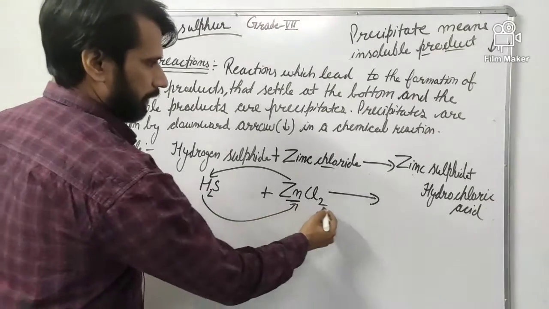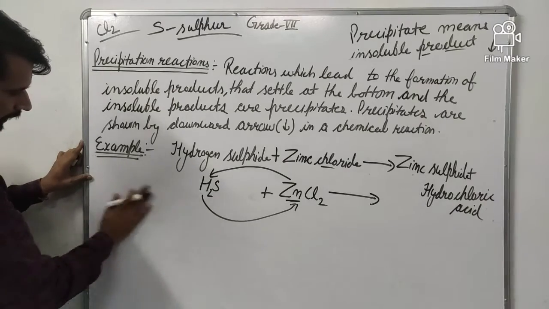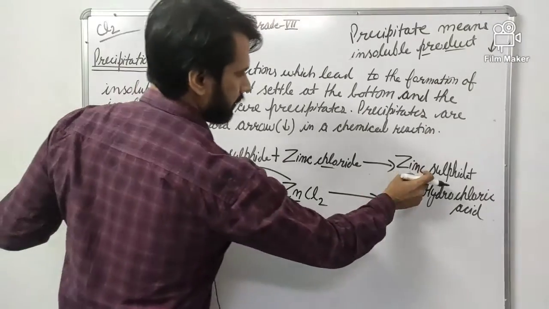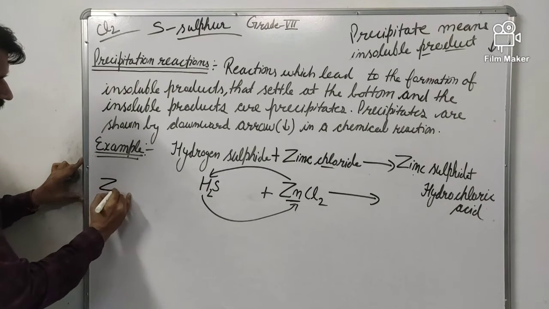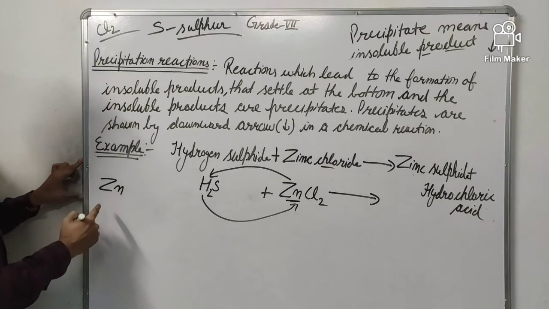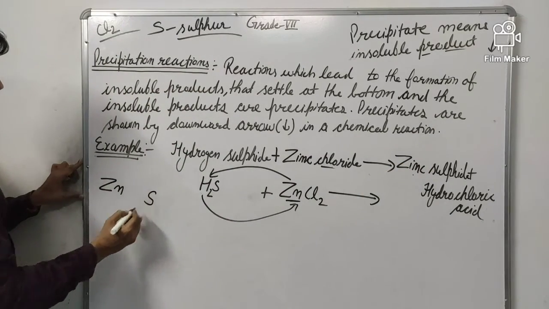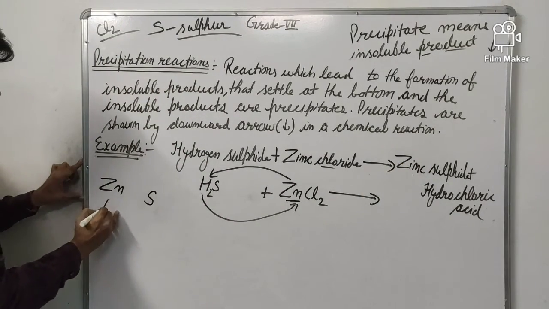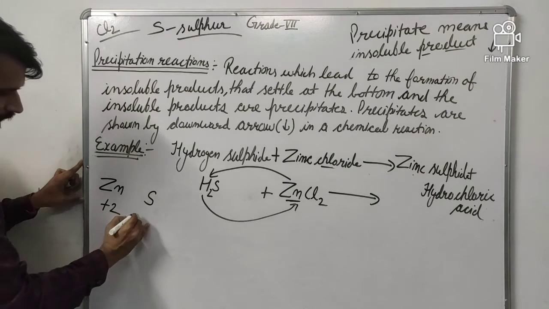Like zinc sulfide, you know that. Now I will try to write the formula of zinc sulfide. It is very easy for you if you follow the thing with me. Zn is zinc, second is sulfide. You know that zinc carries +2 charge and sulfur carries -2 charge.